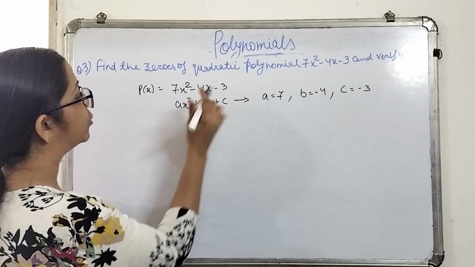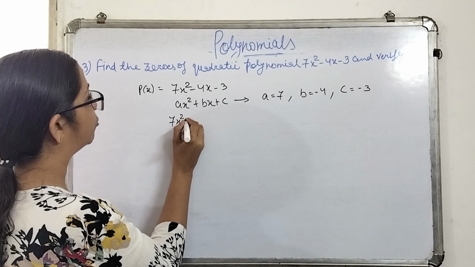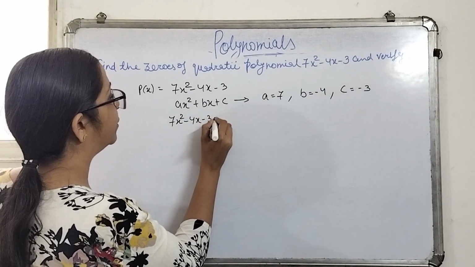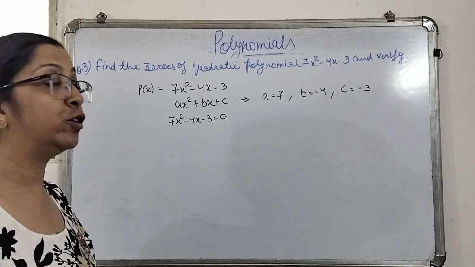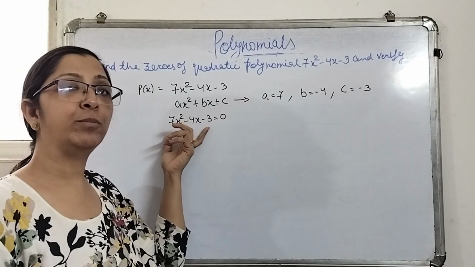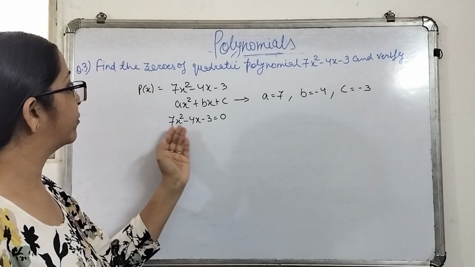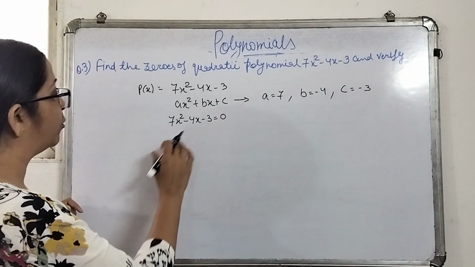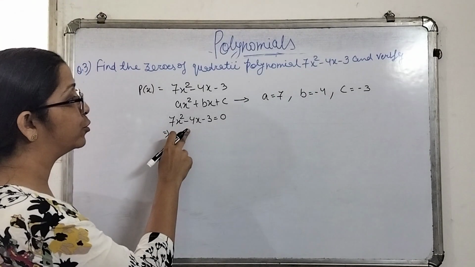For finding the zeros of this polynomial, we will keep it equivalent to 0, because the zero of the polynomial is the value of x for which this polynomial becomes 0. So we have kept it equivalent to 0. Now by middle term splitting, we will find the values of x.